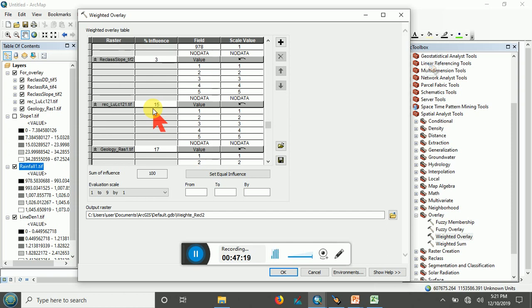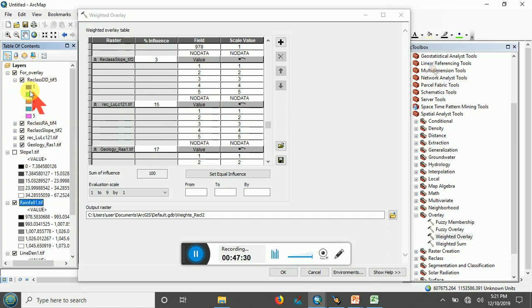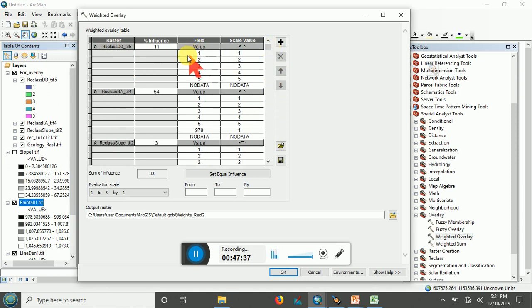And the other very important thing is also the scale. Those field values are the reclassified field values that you can see here. For example, in reclassified drainage density, those values mean 1 2 3 4 5.